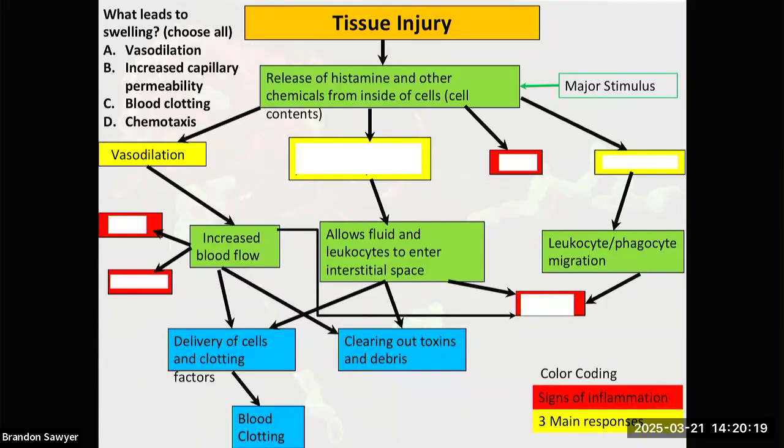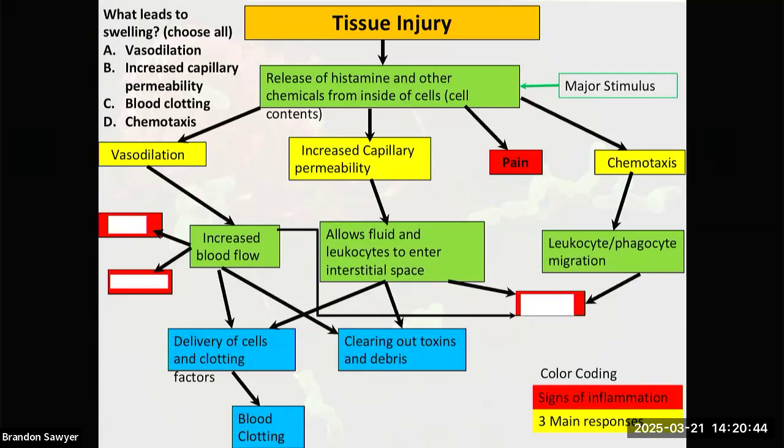The other main response is increased capillary permeability. Our capillaries get leakier. We also get pain directly from the cell contents. Then our third one is chemotaxis, so we're sending a bunch of leukocytes to that area.